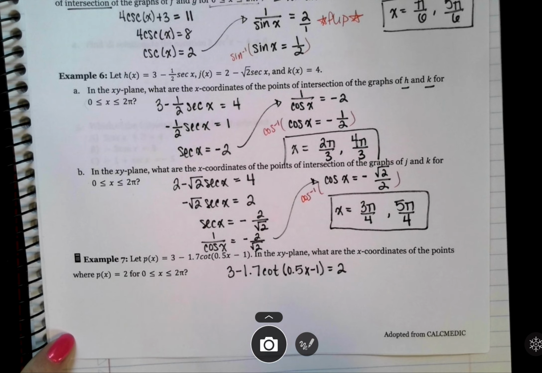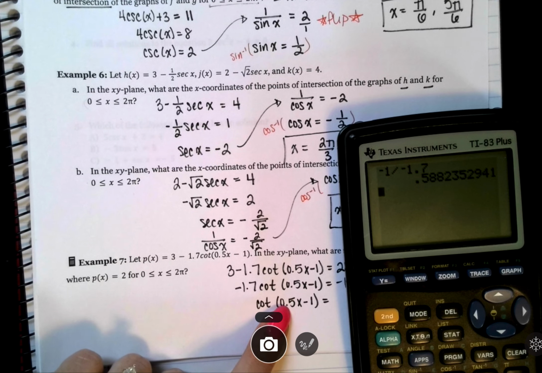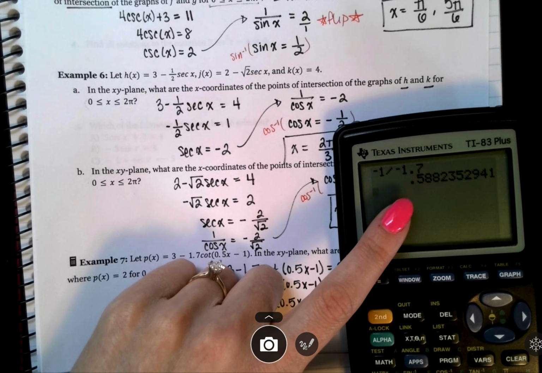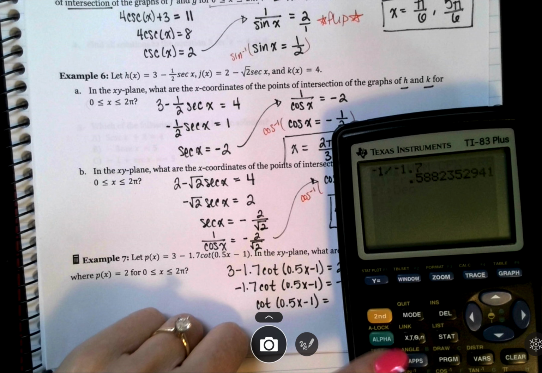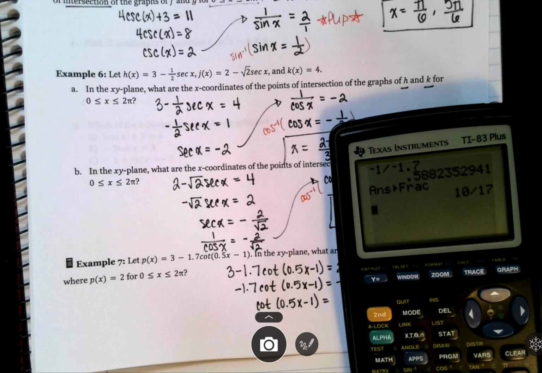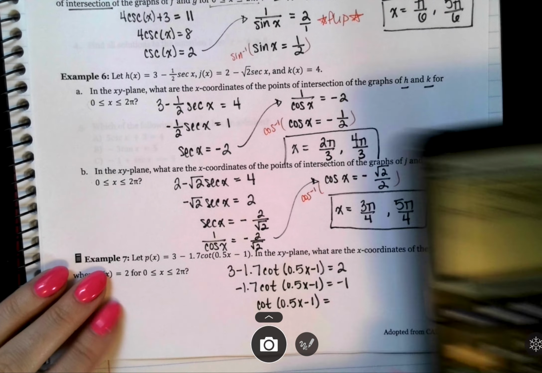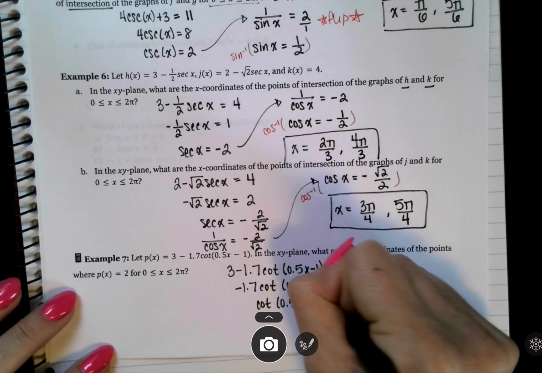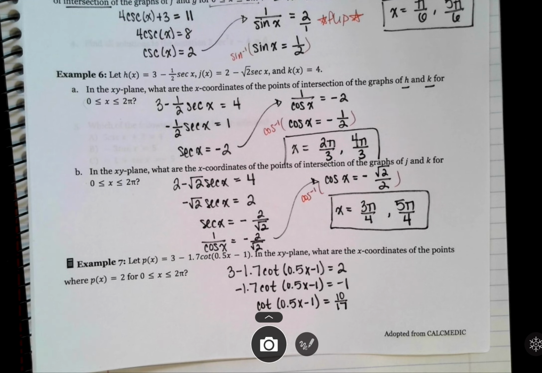I don't want to round this too soon because I still have to take arc cotangent or arc tangent when I flip it, and then solve for x. So I want to see what the fraction equivalent is. So I'm going to do math, enter, to get the fraction. And I'm actually going to write it as 10 over 17. So I have cotangent of 0.5x minus 1 equals 10 over 17.